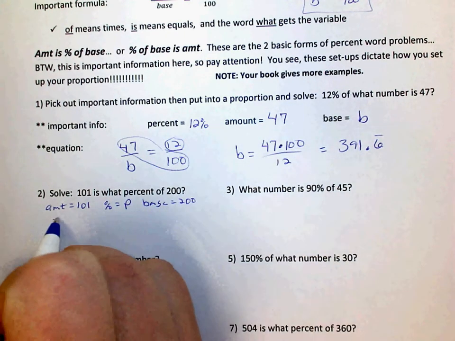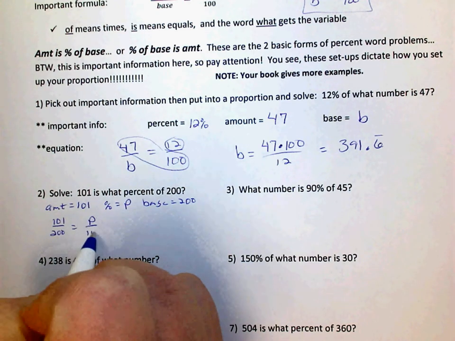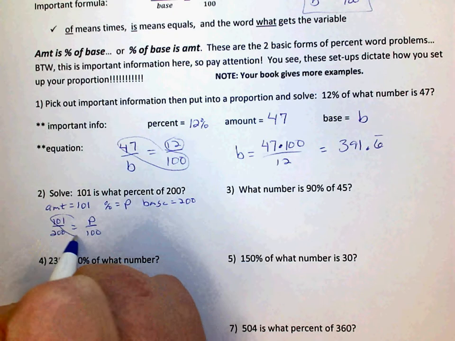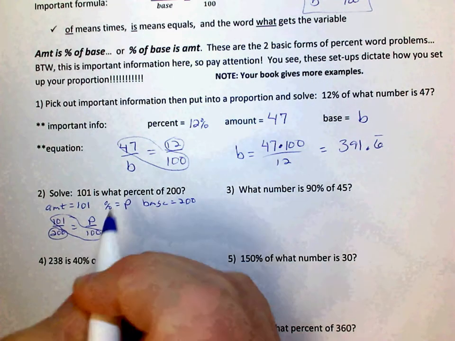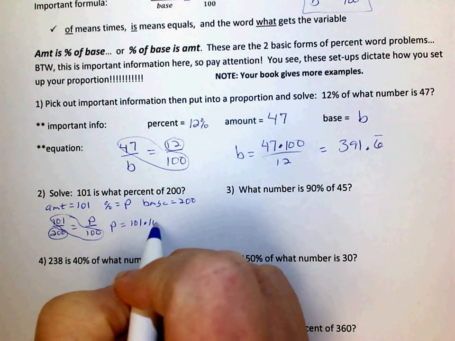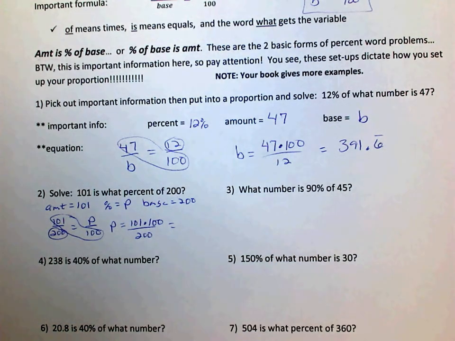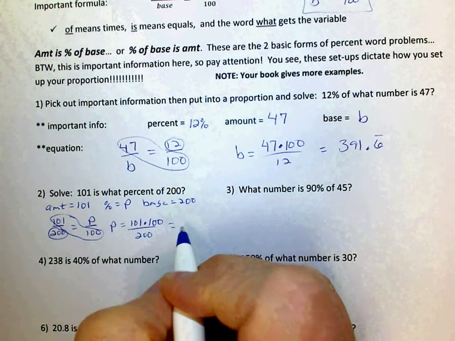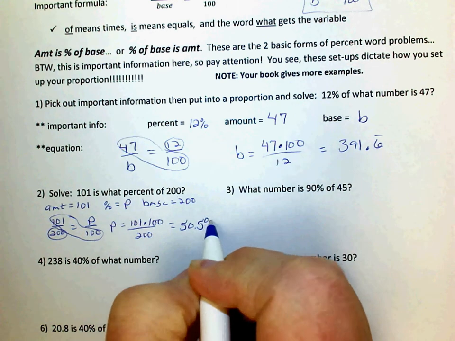So amount over base equals percent over 100, and percent is 101 times 100 divided by 200, and we use our good buddy calculator. 101 times 100 divide 200, and we get 50.5, and when it's P equals, we have to put the percent sign in there.